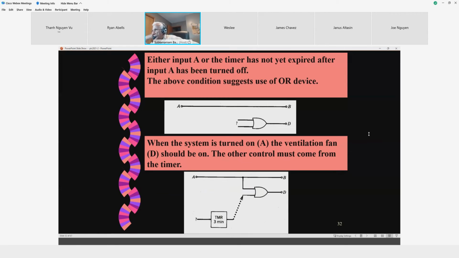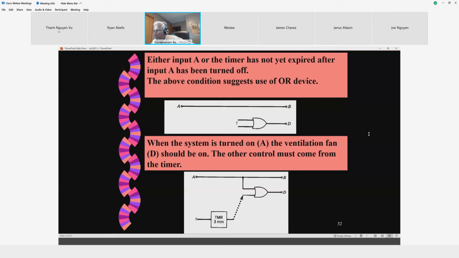And I purposely shown it with the dotted line. Is it timer direct or something should be done? Remember, based on the assumption how the timer works will come into play here. So if I follow the assumptions that I made for the timer, the functioning of the timer is as follows.